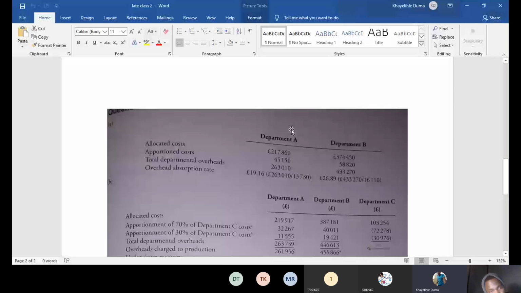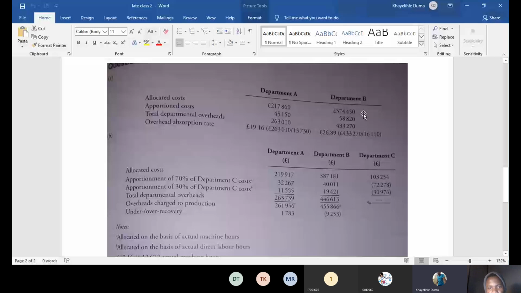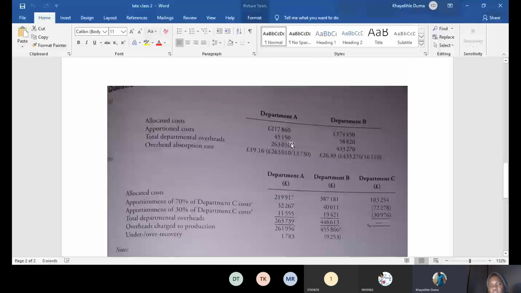Then you just quote for production departments A and B. You cannot now go and calculate for service department C. I said that service departments have to be reapportioned back to the production departments because they provide services. So you quote allocated, there it is, 274, exactly from the question. And then the apportioned, you quote again because they already did it, 45, 150, 58.